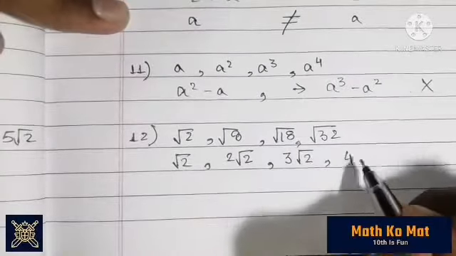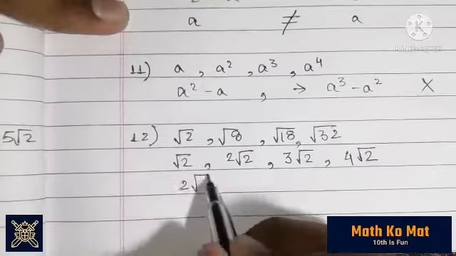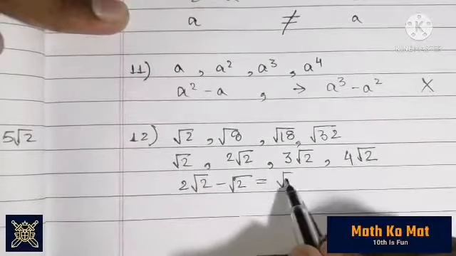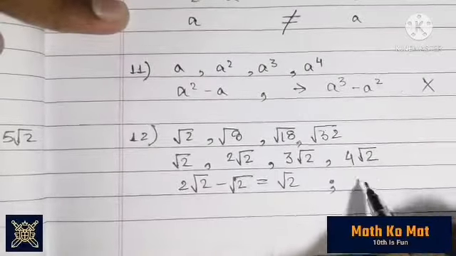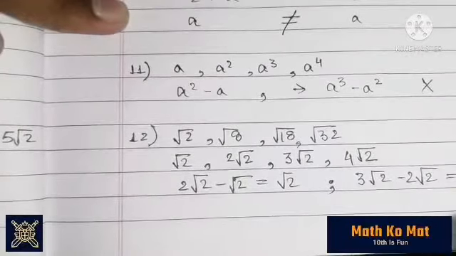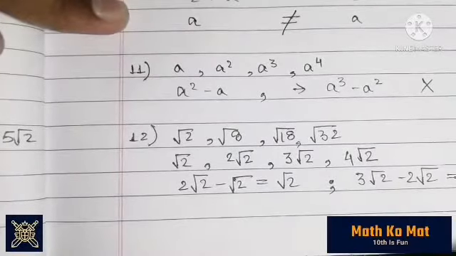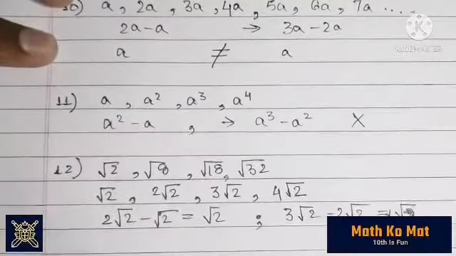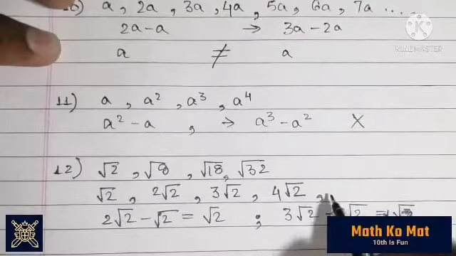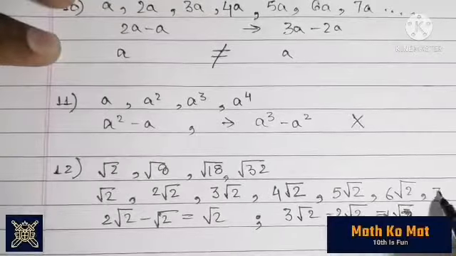Root 32 as 4 root 2. As you could have guessed, when you subtract root 2 out of 2 root 2, you get root 2. Similarly, 3 root 2 minus 2 root 2, again you get root 2. So you just have to add a root 2 to get the next terms of the AP. Here we had 4 root 2, so next would be 5 root 2, 6 root 2 and 7 root 2.